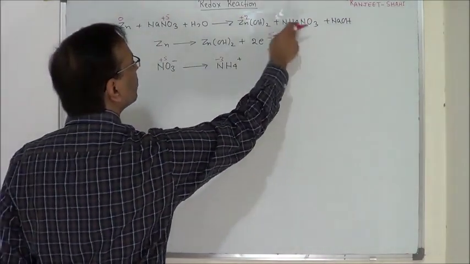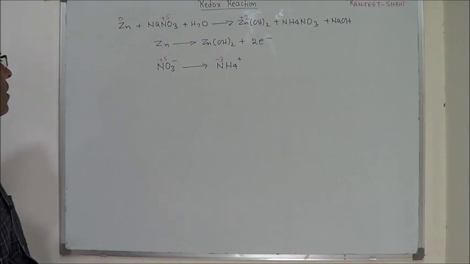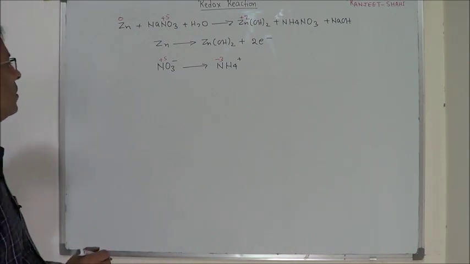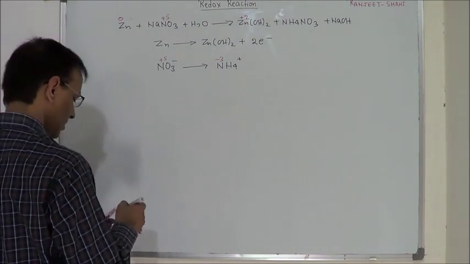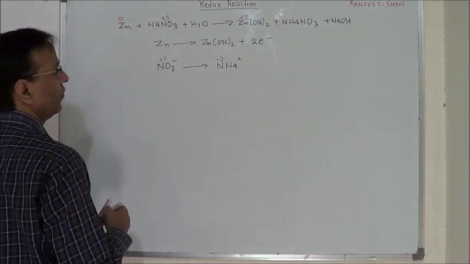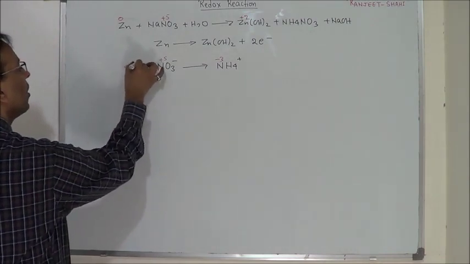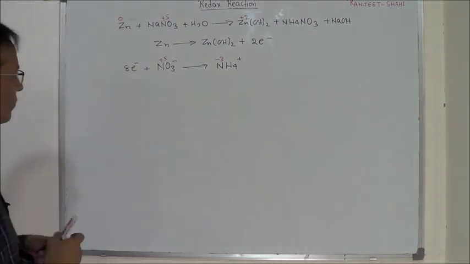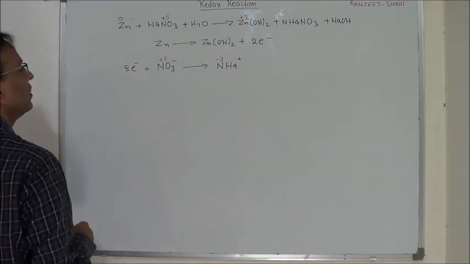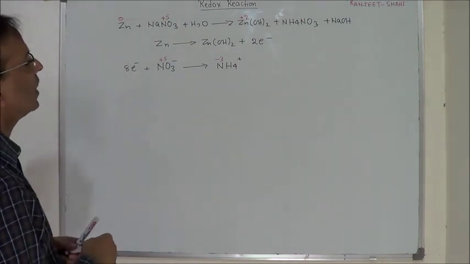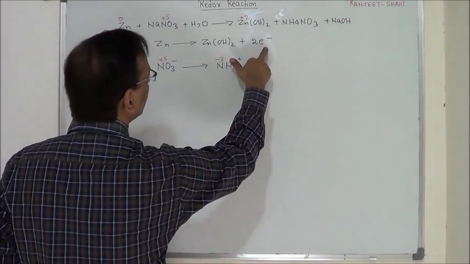Nitrate, there is no change in nitrate, so leave nitrate for now. So plus 5 to minus 3 is a reduction, a difference of 8. So 8 electrons will be on the left side. Now balance the charge. Here we have 0, minus 2.